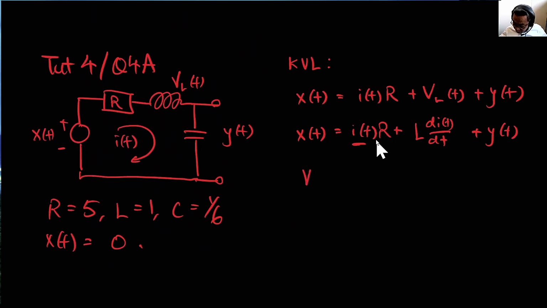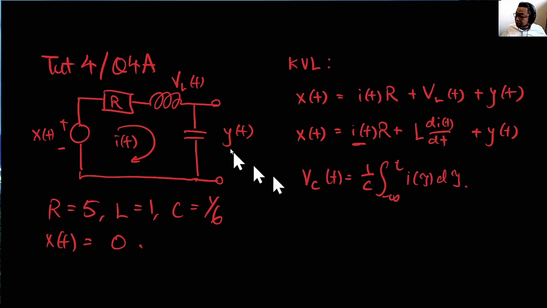The voltage across the capacitor V_c(t) is equal to 1/C integral from minus infinity to t of i(tau) d tau. So this equation tells us the voltage drop across the capacitor, which is y(t) over here, with respect to the current.